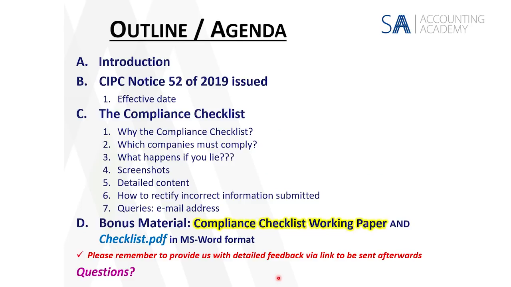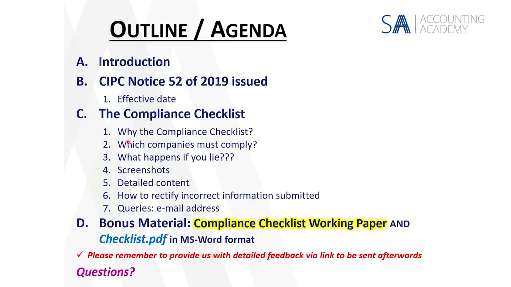On the agenda, we're going to start with the introduction. We'll start off with a base notice, where we heard about this checklist for the first time, and what the effective date is. That's the most important. Then we're going to look at the actual compliance checklist, because it's not a document that you download from anywhere. It's a document that you complete online.